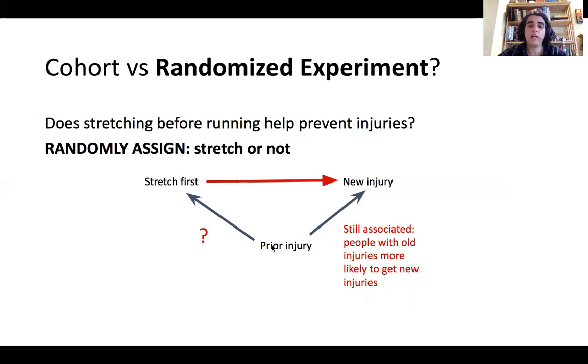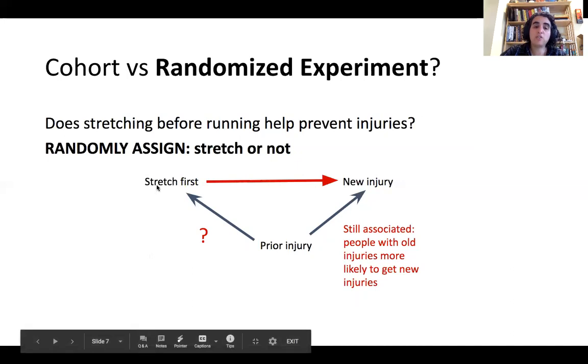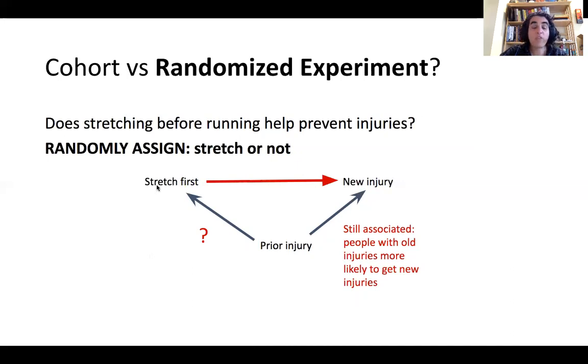On the other hand, this association is not going to hold anymore. Earlier, we had said people who had injured themselves might be more likely to stretch first because they were worried about re-injuring, but they are no longer making the choice. Once we are randomly assigning people to stretch or not, we are breaking that association.